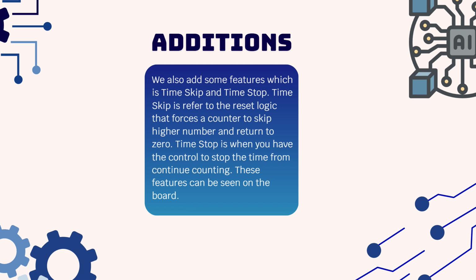Time skip refers to reset logic that forces the counter to skip higher numbers and return to zero, while time stop is when you have the control to stop the time from continuing counting. These features can be seen on the board, which is what you saw in the video before this.